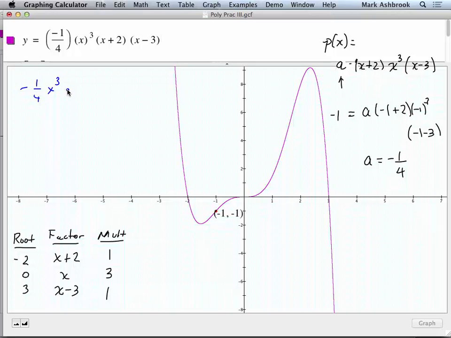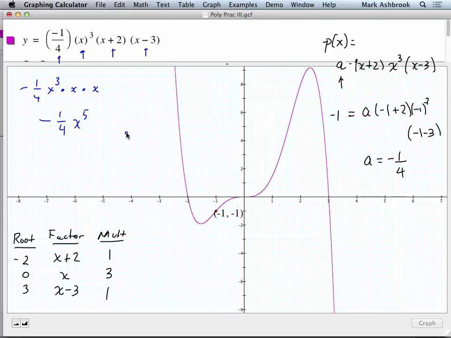We're going to multiply by x squared, and that gives us x to the fifth. Okay? So as x gets really large positive, what will that do? Would it be negative or positive? Negative, because x to the fifth will be positive, but we multiply by a negative.